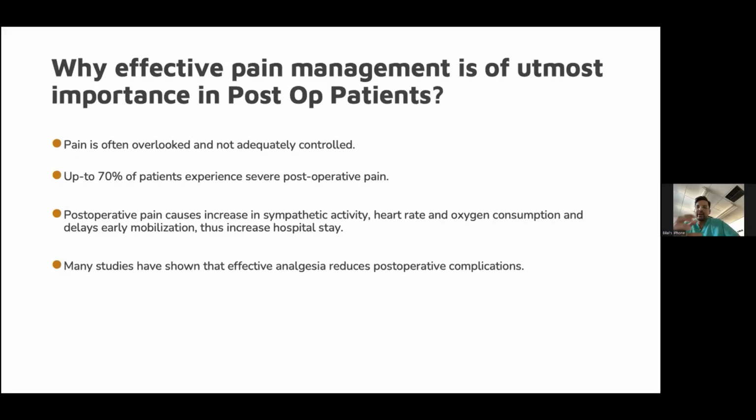All these factors increase hospital stay and hinder the patient from going home immediately after surgery. Many studies have shown that effective analgesia reduces post-operative complications. The patient gets out of bed early, their respiratory effort and oxygenation improve, and they recover very well after the surgery if their pain is properly managed. Next slide, please.